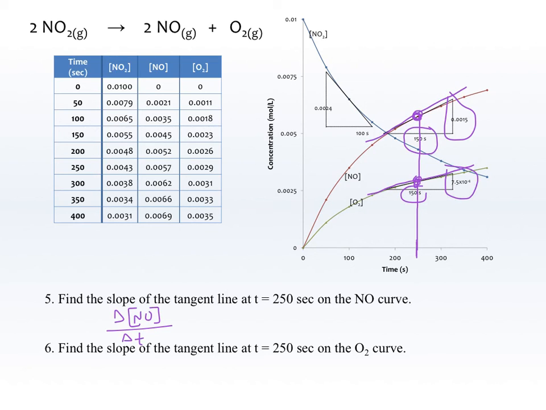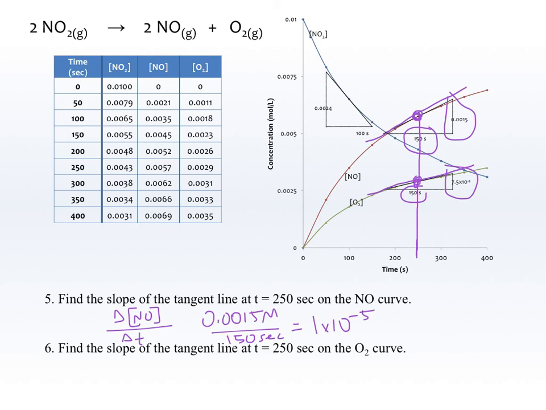And so I end up with 0.0015 molar per 150 seconds, not 250 seconds. The tangent line is centered at 250, but it's only 150 seconds long. And that gives me 1 times 10 to the negative 5.